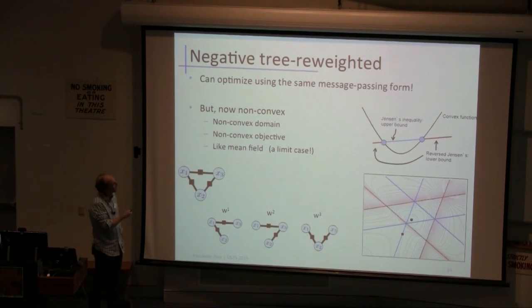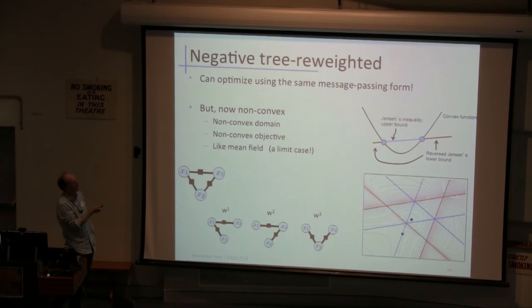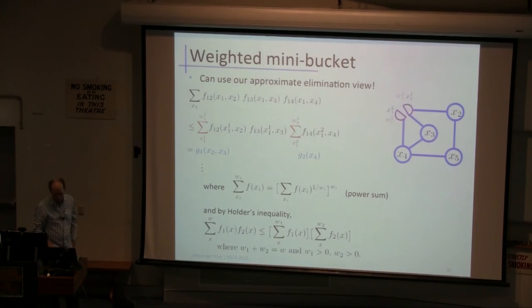And also, because of the negative numbers, it turns out the objective function is also non-convex. So we have a lot of non-convexity problems with this lower bound. But actually, that's just like mean field. And in fact, mean field turns out to be a special case of this negative reweighted bound.